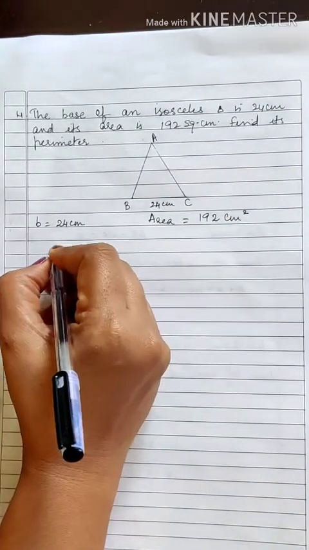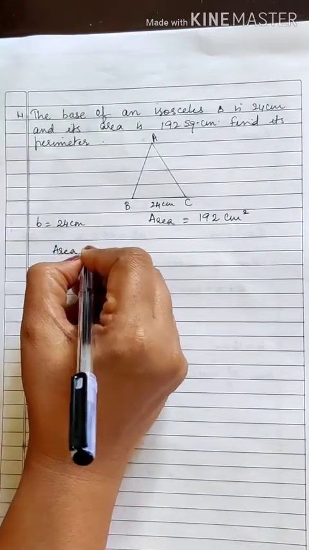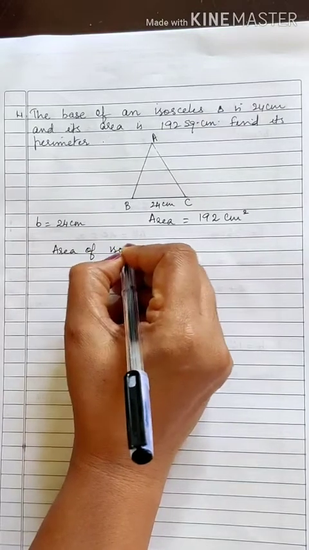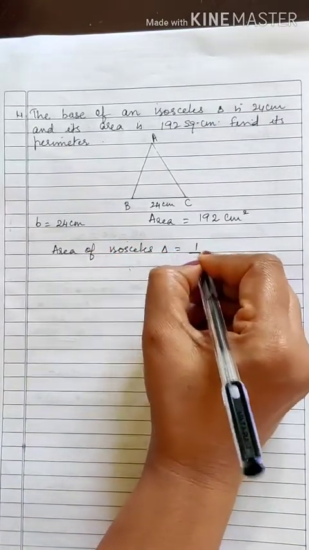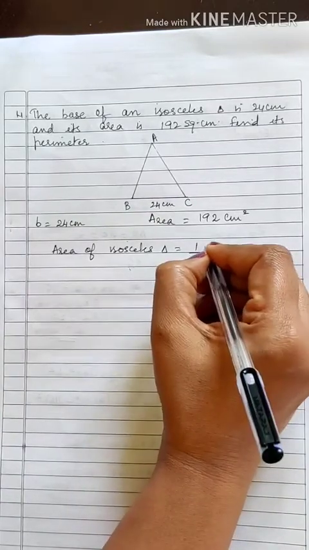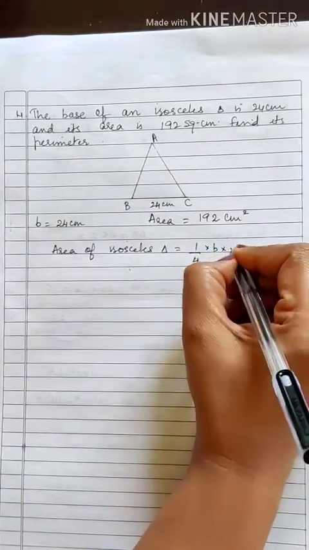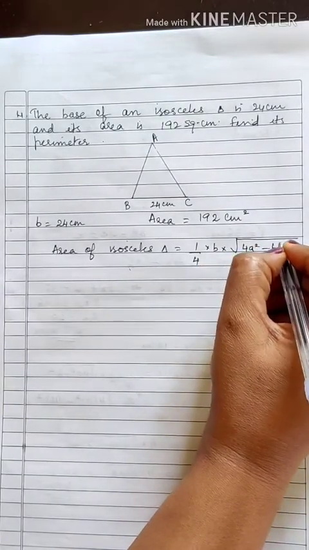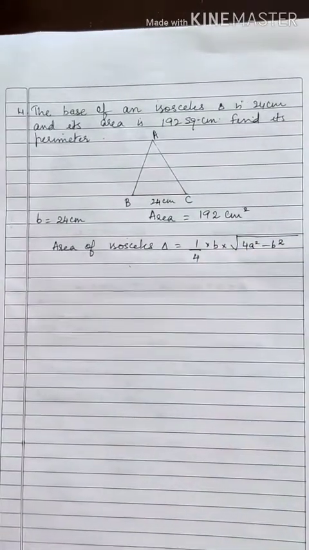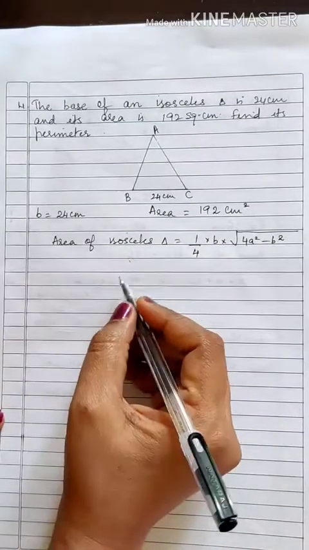Now we know the formula of area of isosceles triangle, 1 by 4 into b into root over of 4a square minus b square. Now we will substitute the values of the given terms.